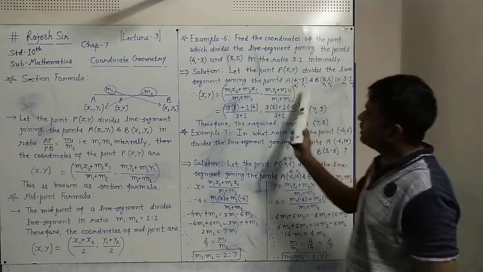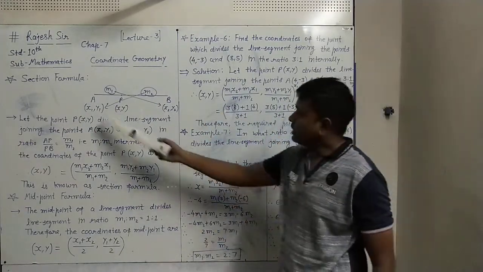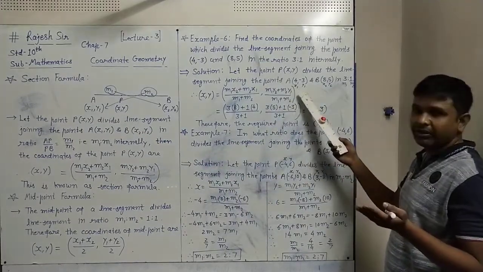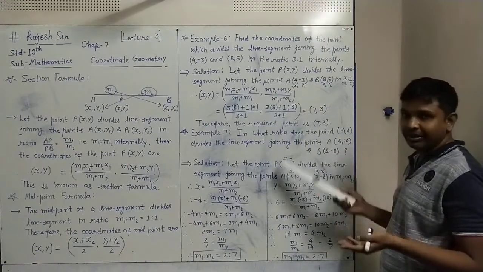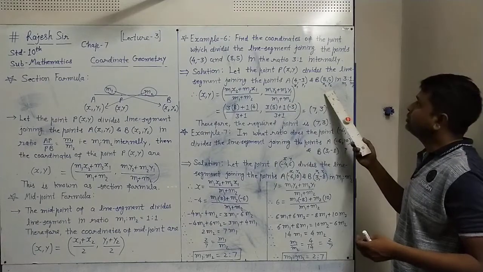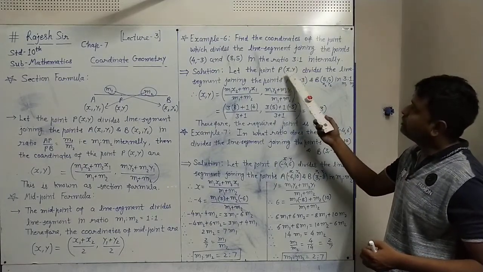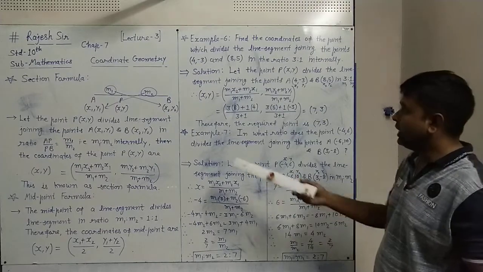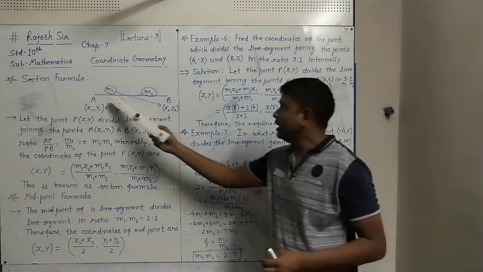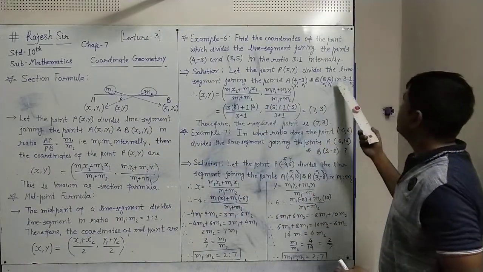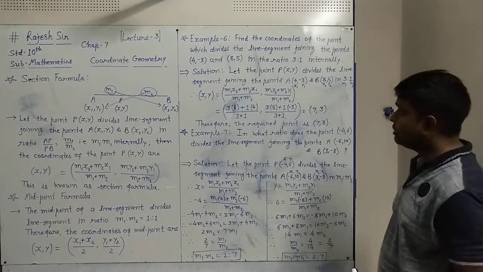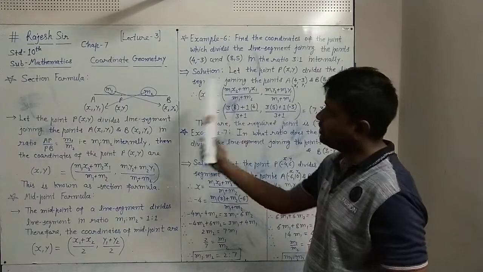Comparing with the section formula, A is called x1, y1, B is x2, y2, and the dividing point is x, y. The ratio m1 is to m2 is 3 is to 1 here, so m1 is 3 and m2 is 1.